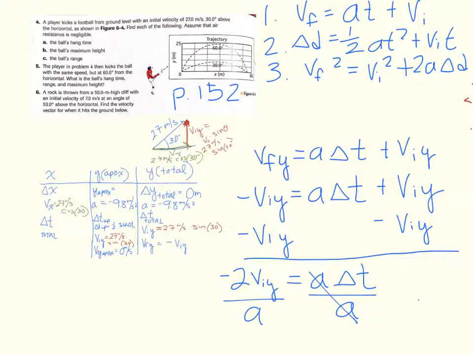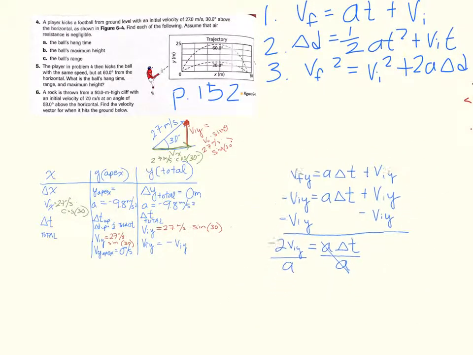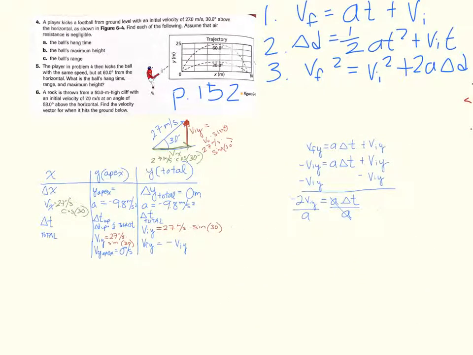And I end up with this really, really slick equation that delta t is equal to negative 2 times my initial velocity in the y direction divided by my acceleration.